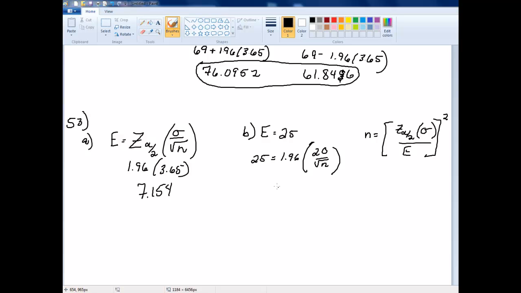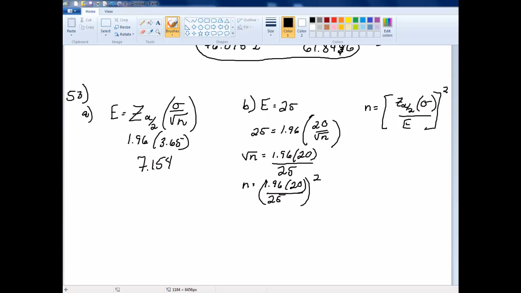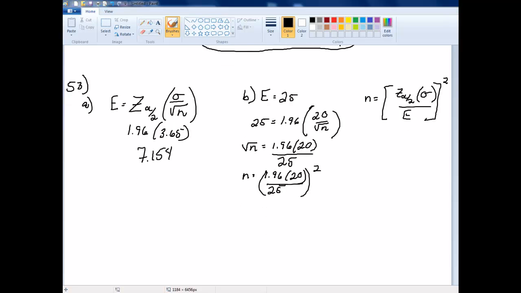So when I solve for n, the square root of n is equal to 1.96 times 20 over 25. Then I'm going to square this to get rid of the square root. So that's 1.96 times 20 over 25, and the whole quantity is going to be squared. I'm going to pause and plug that into the calculator.